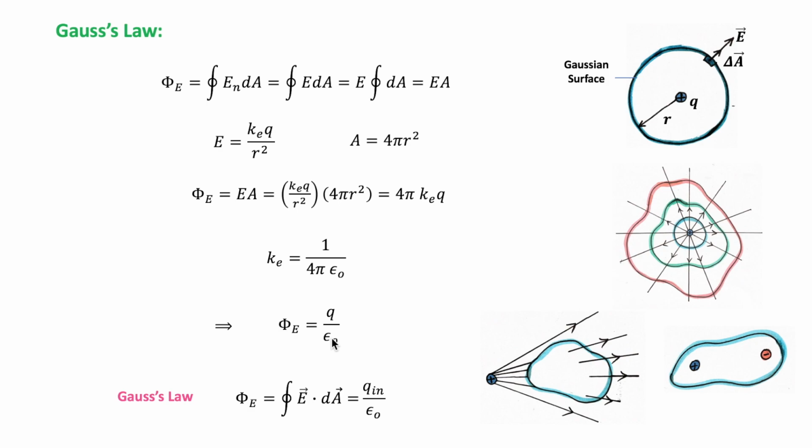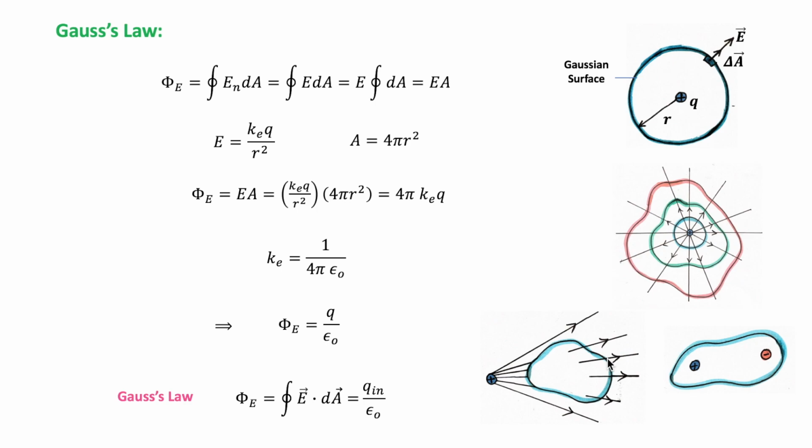Okay. So consider also this case, if the point charge is located outside the surface of an arbitrary shape, the number of field lines entering the surface is equal to the number of field lines leaving the surface, and the net flux should be zero, right? It is equal to zero.